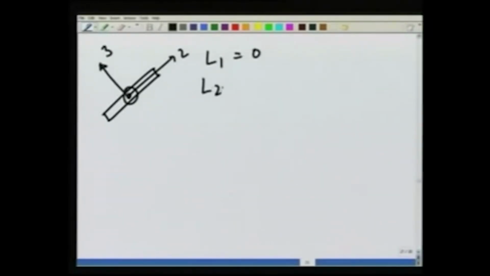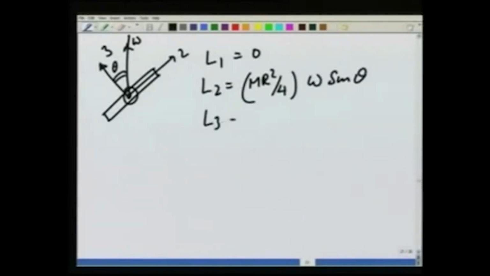Let me make it again. At this point 1 is coming out, 3 is like this, L1 we saw is 0. This is omega, this is theta, L2 is mr square over 4 omega sine theta, L3 is mr square by 2 omega cosine of theta.